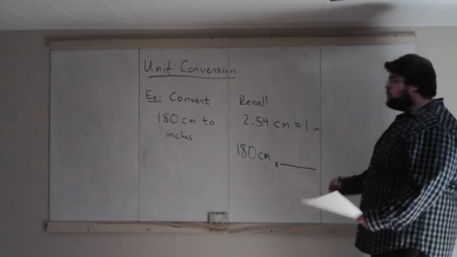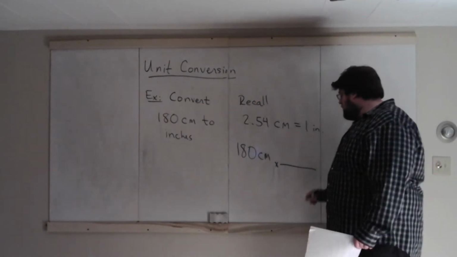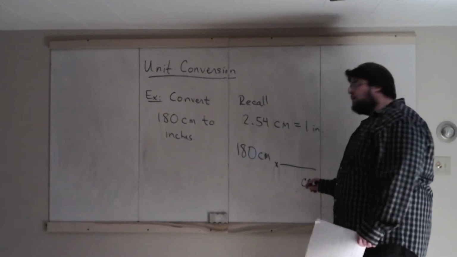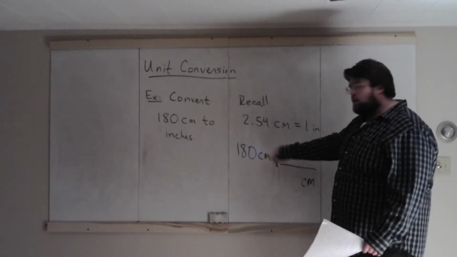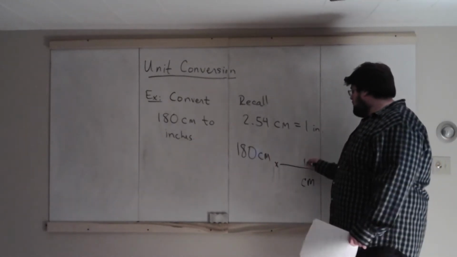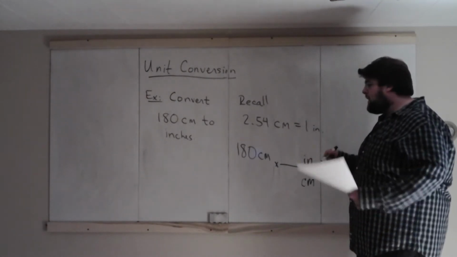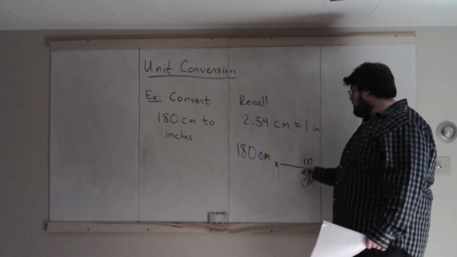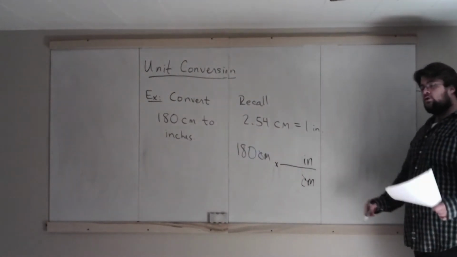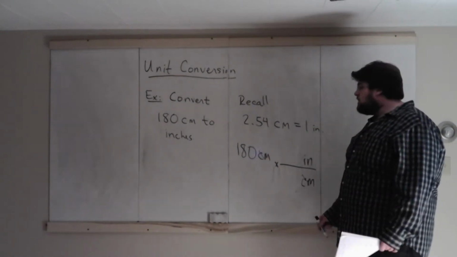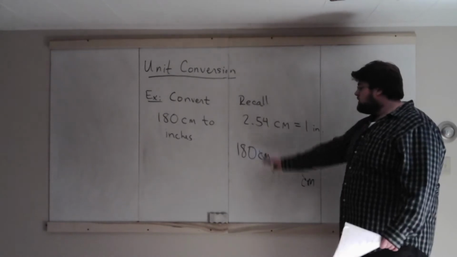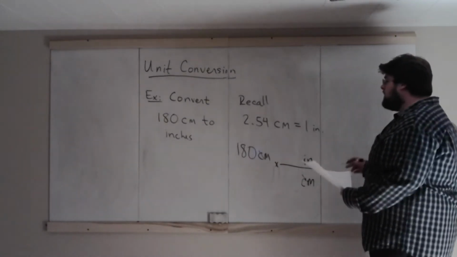So we start with centimeters, divide by centimeters. If you divide by centimeters, centimeters cancel. If you then multiply by inches, you're left with just inches.